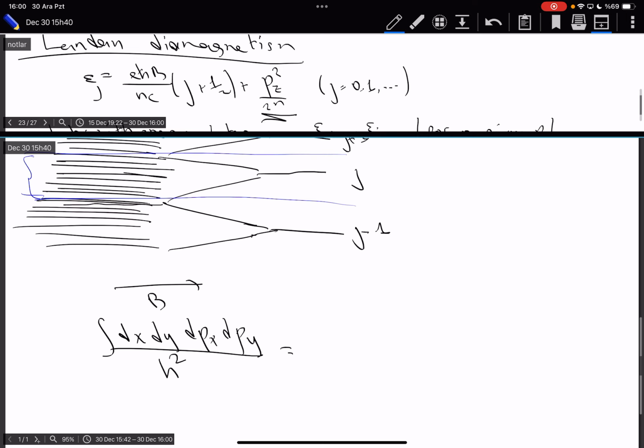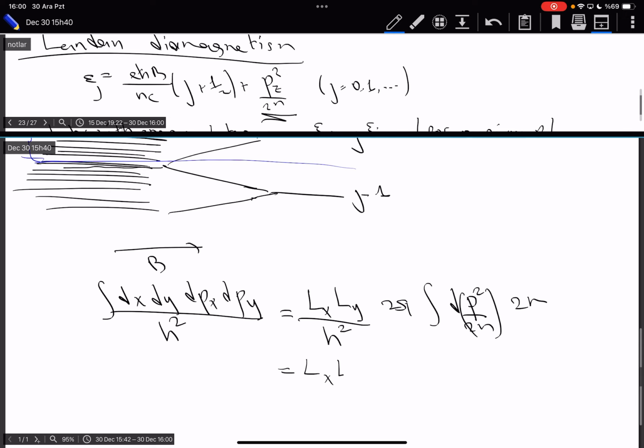This is equal to the size along the x or the y-axis divided by h squared. Now we can switch to circular coordinates, which will give me a 2 pi dp squared. Well, let me just divide by 2m and multiply by 2m.